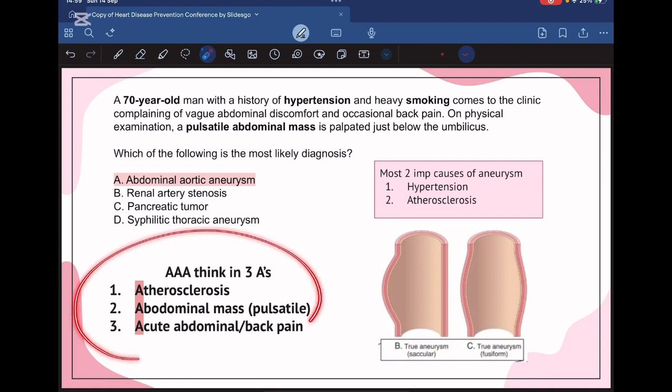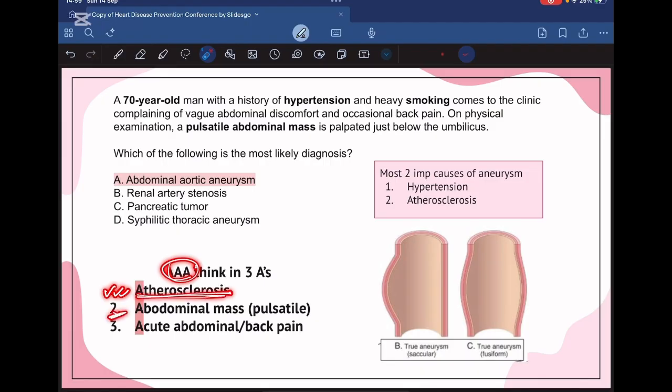This is the scenario that will come with the patient. First, the most important risk factor for abdominal aortic aneurysm is atherosclerosis. Second, and this is very important, a keyword: an abdominal mass that is pulsatile. There may be acute pain in the abdomen or in the back. Okay, so acute abdominal or back pain.